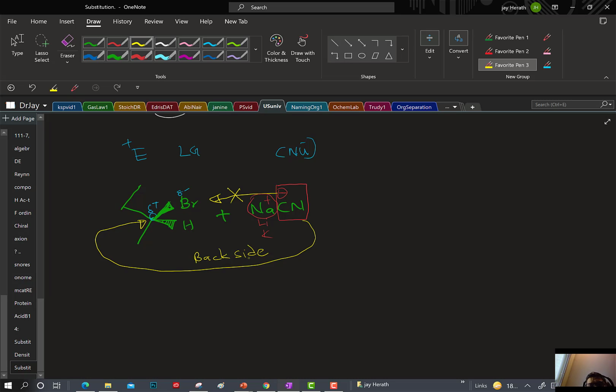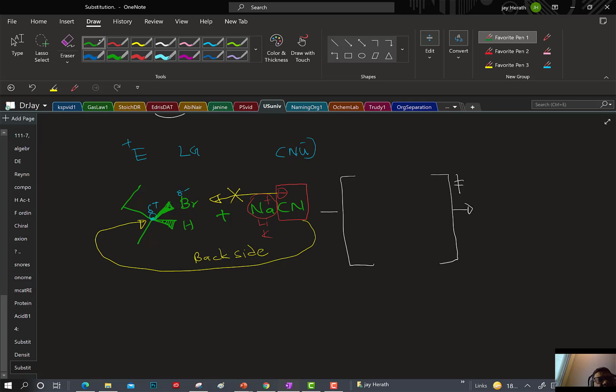Now if that's happening, we can write here the transition state, and I'll put a double dagger sign, and it's one arrow for the one step, and we can draw what we are doing here. So NC, connecting to the carbon here, and Br is leaving, so bond breaking happens here, bond forming happens here, right?